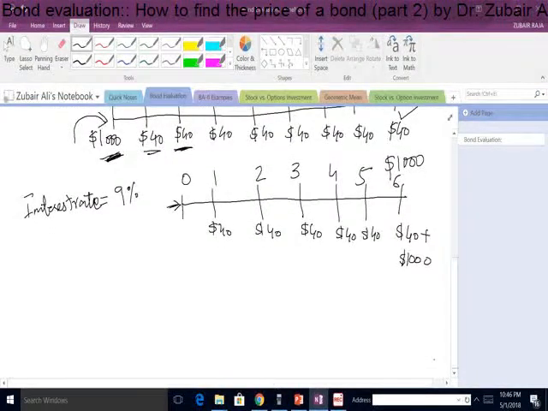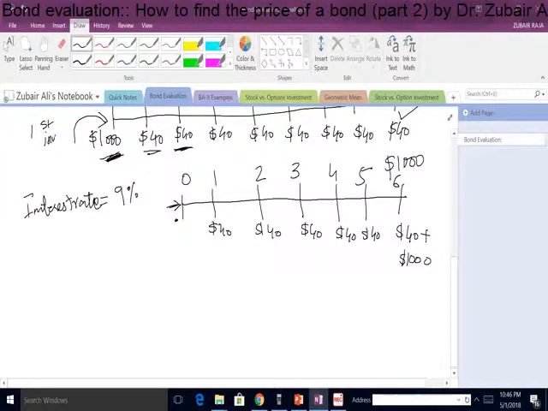So now, how to find the price right now at this point? Remember, this point is actually 1 year after the bond was originally purchased by the first investor. So this was the first investor over here.